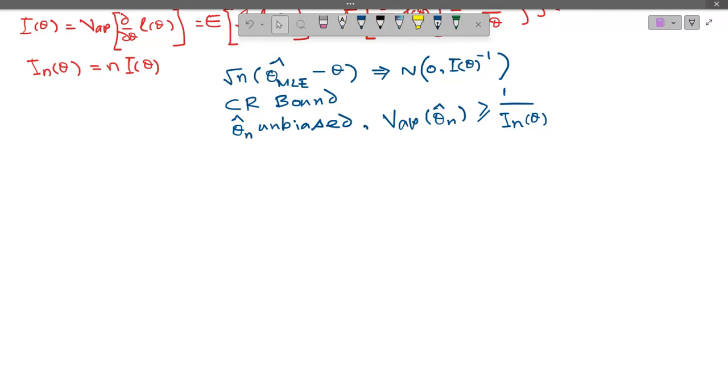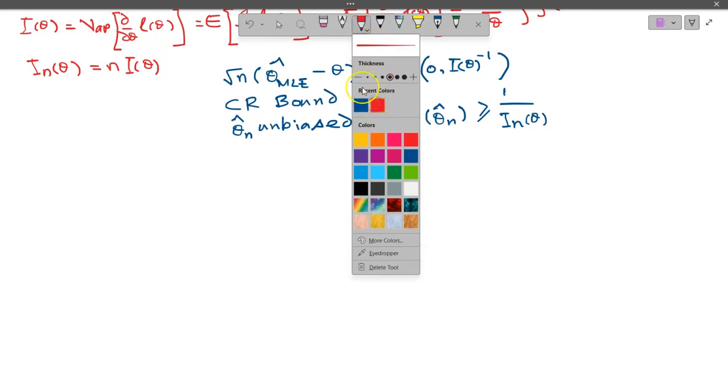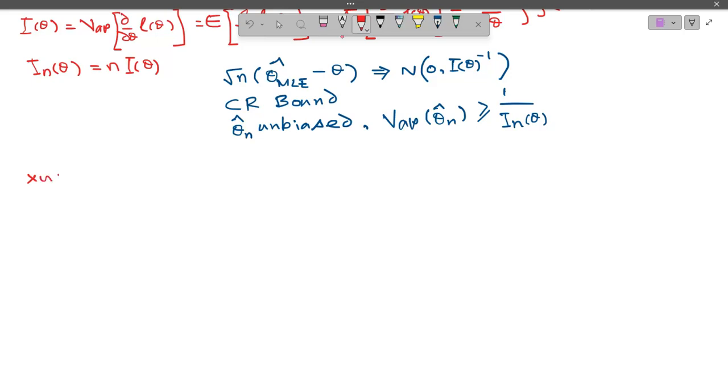Now let us do some examples. Suppose we have a Bernoulli p variate x following Bernoulli p, given by the density p to the power x, 1 minus p to the power 1 minus x, where x takes values 0 and 1, and p is a real number between 0 and 1.